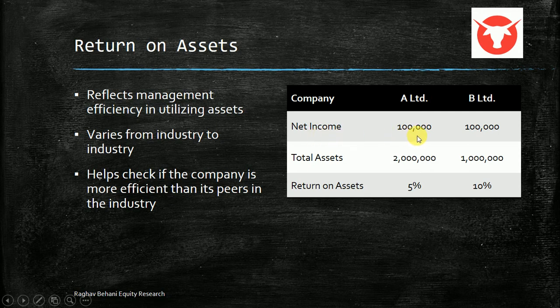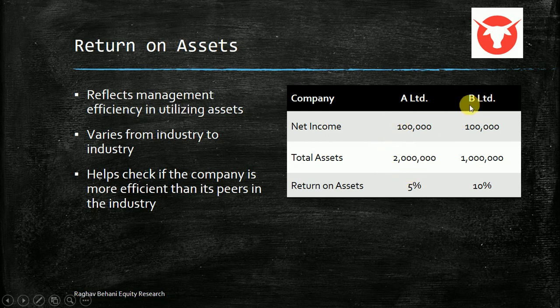Let's take the example of A Limited and B Limited, which operate in the same industry and which generate the same net income of 100,000. A Limited generates 100,000 by deploying 2 million worth of assets in business, while B Limited generates 100,000 of net income by deploying 1 million of total assets. Now A Limited's return on assets is 100,000 divided by 2 million, which is 5%.